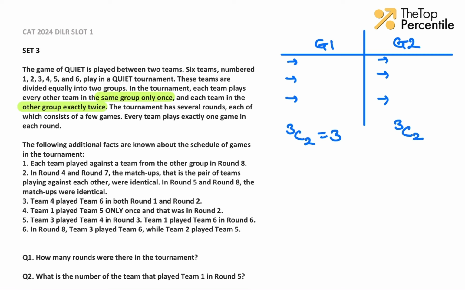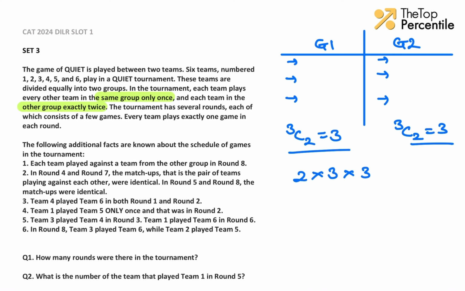Similarly, three teams, two will play against each other. This will also give me three ways. So I have three matches that will be played amongst each other in group 2, and three matches that will be played amongst teams in group 1. Now, amongst different teams, so I have three teams from group 1, they'll play against three teams from group 2, and it's mentioned that they play twice when the groups are different.